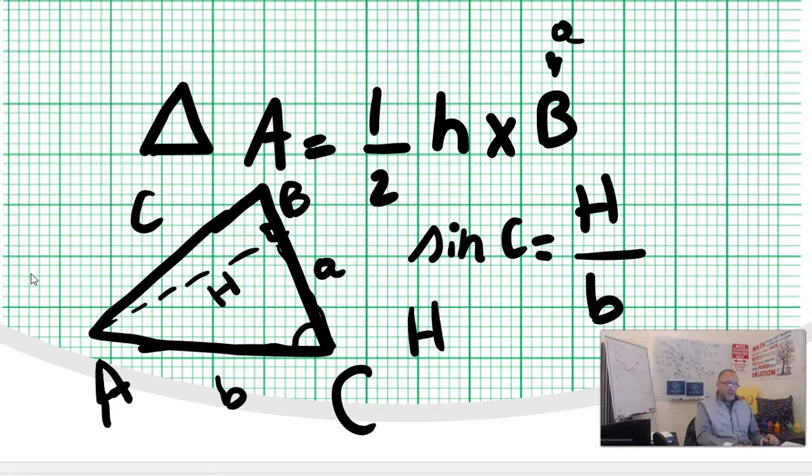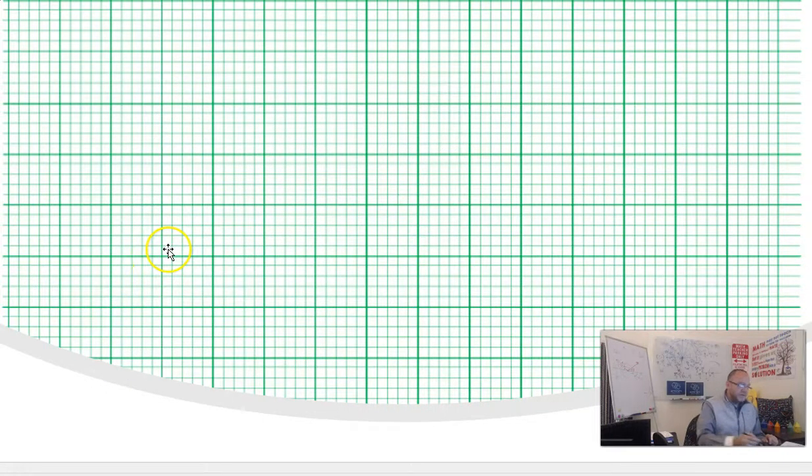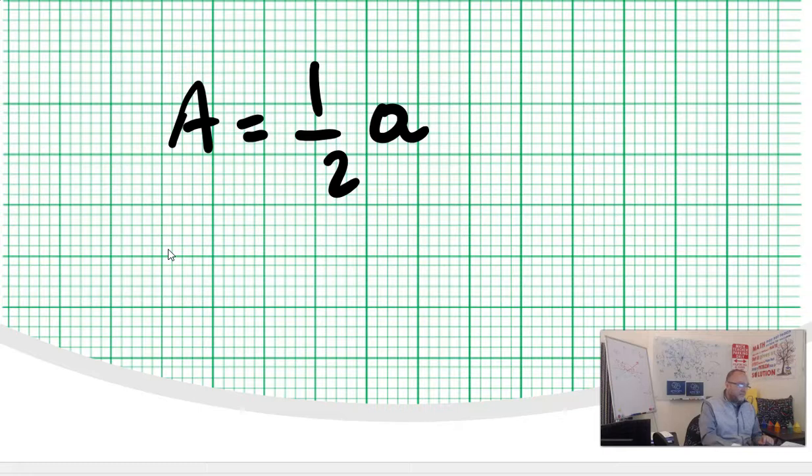So h equals b times sine C. So in this situation, the area becomes half of base, which is a, times h, which is b sine C.